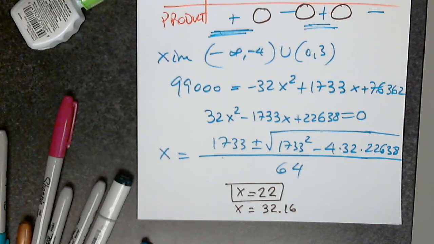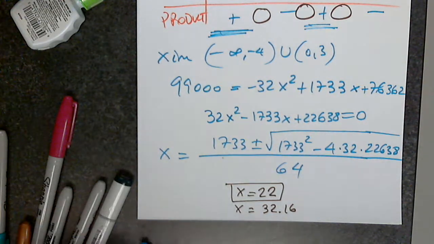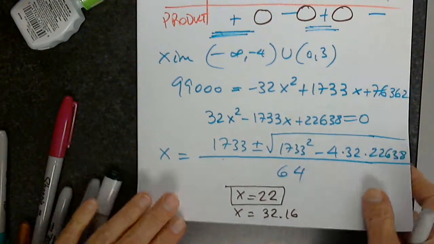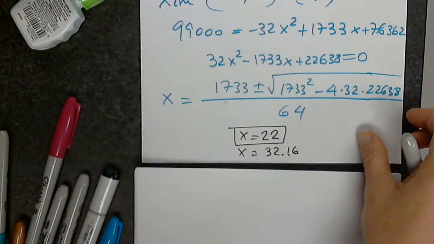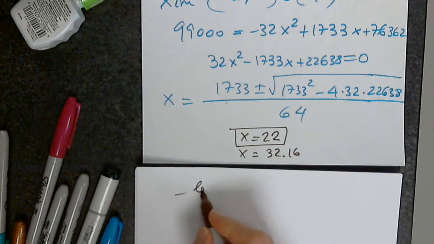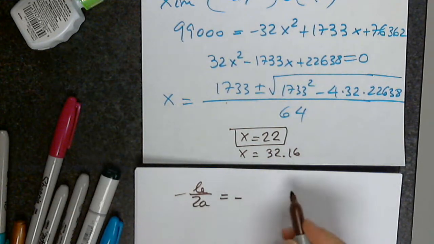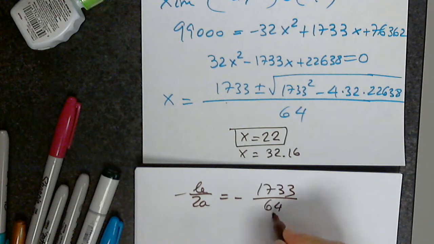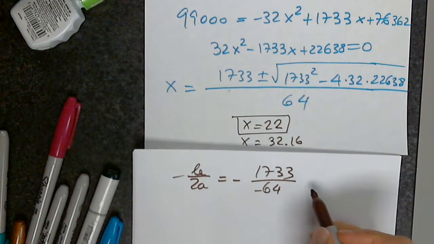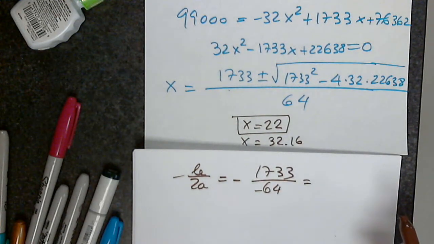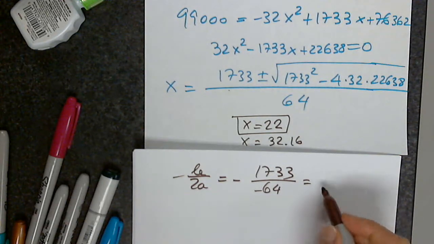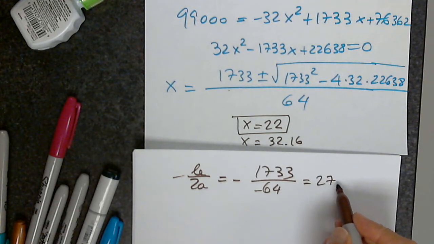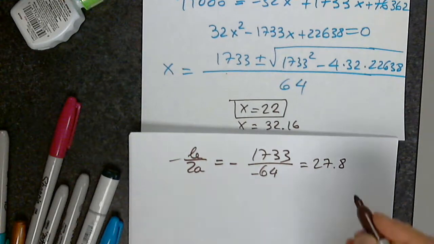Anything else in problem 4? 4C. All you have to do is find negative b over 2a, because that's a question on the vertex. So negative b, 1733, over 2 times a, which is negative 64. Can anyone give us this number? 27.08. Okay.